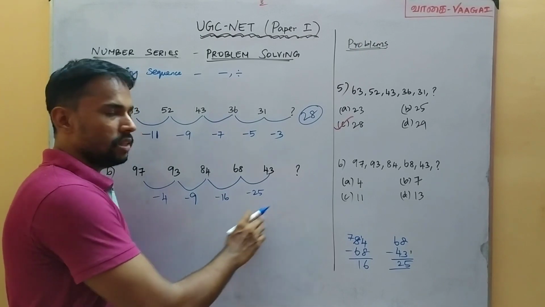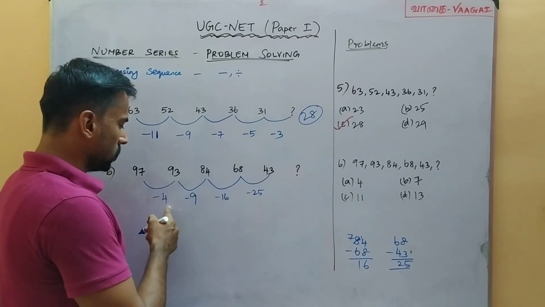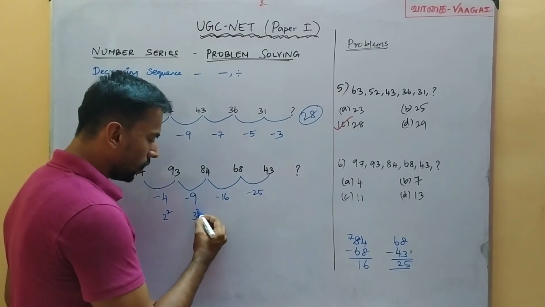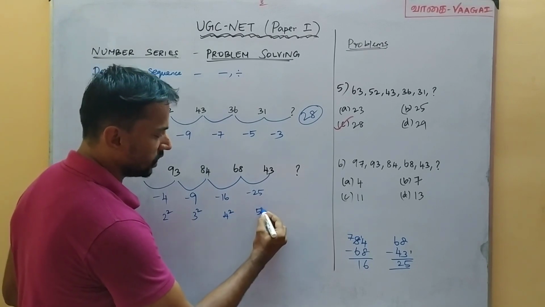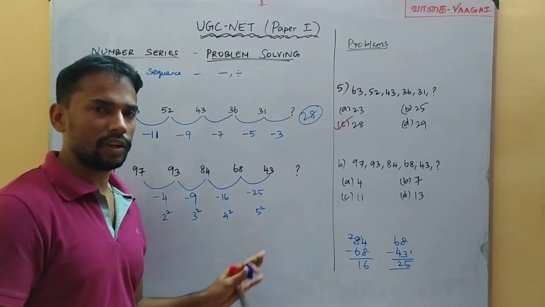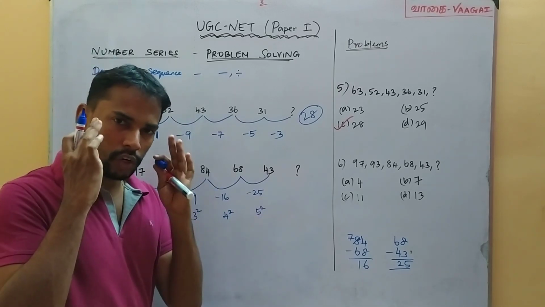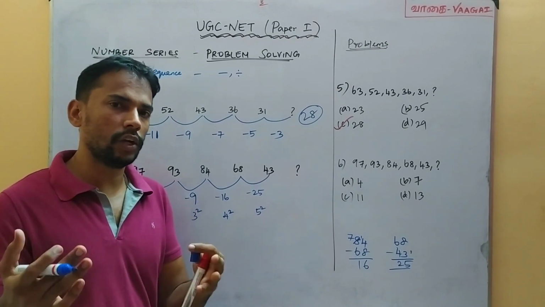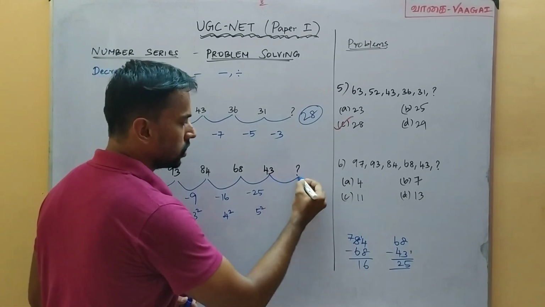So closely observe the numbers. This 4 is nothing but 2 square, this 9 is 3 square, this 16 is 4 square, and this 25 is 5 square. When we closely observe, we can catch it very easily. This is the reason we need to be thorough with square numbers and cube numbers. Please don't forget to remember them. That is also important. So yes, let us continue the chain now.